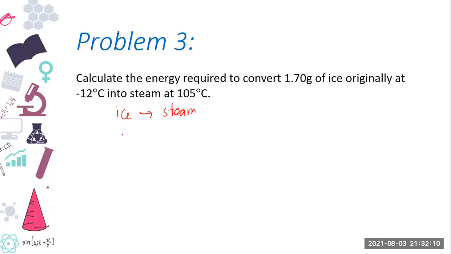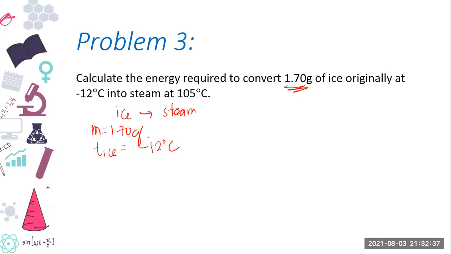So let's first get what's given in the problem we have here. That's mass, which is 1.7 grams. We also have initial temperature of negative 12, which is actually the temperature of ice. How important is that? Because it actually starts your analysis in getting the different heats per stage.